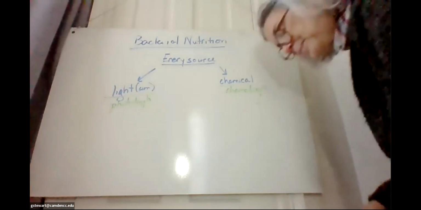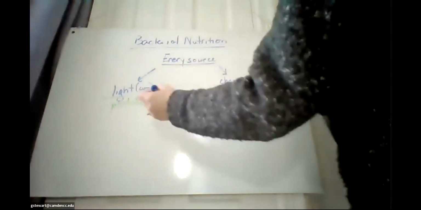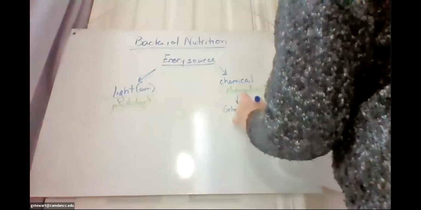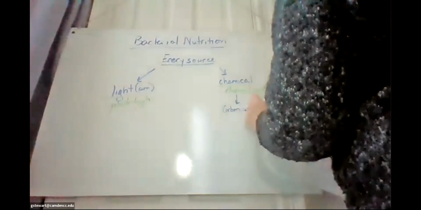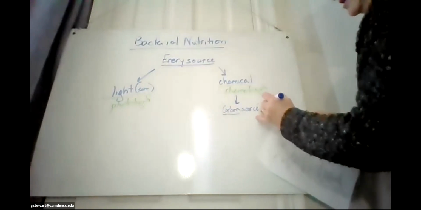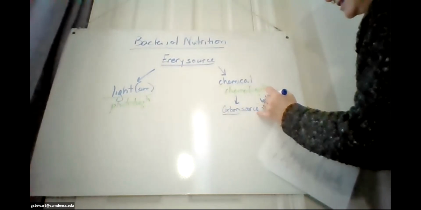Now, we layer onto that what they use as their carbon source. Change colors here. So I'm going to draw a line straight down and I'm going to put carbon source. And remember, why do we care about this? We care about this because we need carbon to build, again, all the organic molecules that a cell needs.